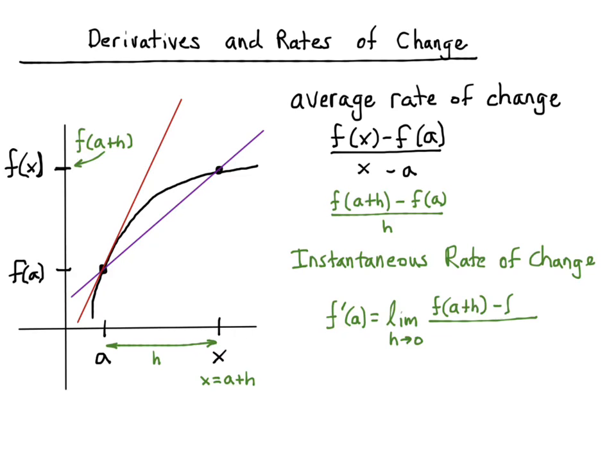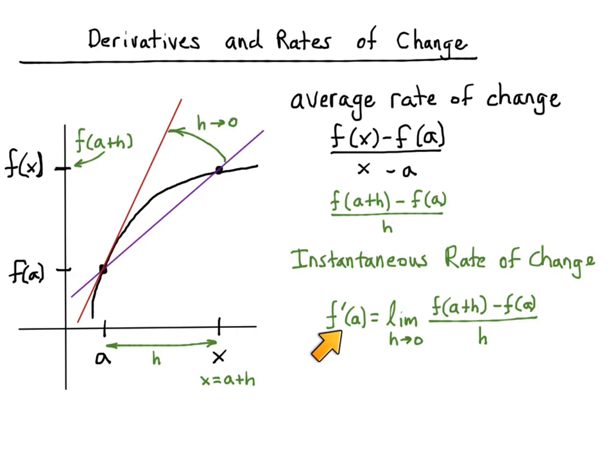As h goes to 0, imagine this point here getting closer and closer to a, and what happens to that secant line is it becomes a tangent, and so the slope of this represents the instantaneous rate of change at a. And so here we have this form, and I'm going to call this f prime, and I'll get into some notation in a little bit.